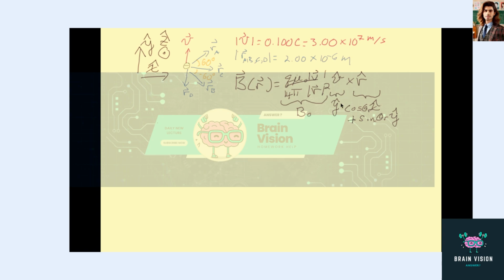Now, we know that y-hat cross y-hat is going to be 0, so we only concern ourselves with the x component of this position vector to find the magnetic field, and if we plug in the values for r at point A, we get B of RA is equal to B naught times cosine of 60 degrees times y hat cross x hat.